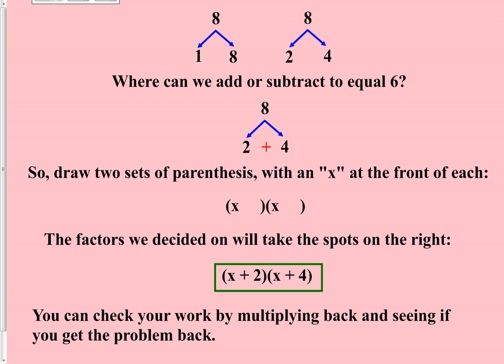Our trinomial is going to factor into two binomials, x plus or minus some number times x plus or minus some other number. And the two numbers are the factors that you just discovered, 2 and 4. Okay, now we've spent some time working on that, and we also discovered a definition somewhere along the way that if a trinomial will not factor, it is what we call a prime polynomial.